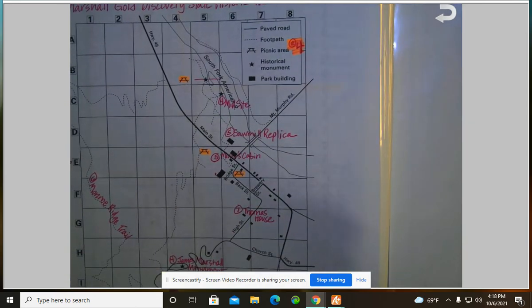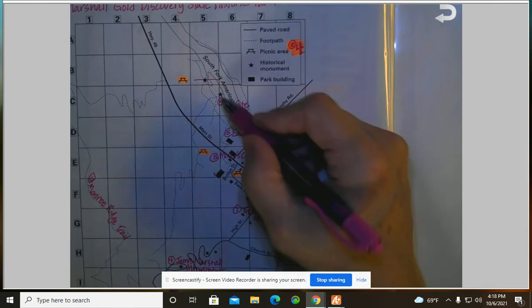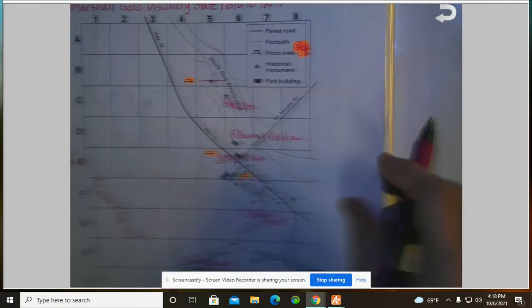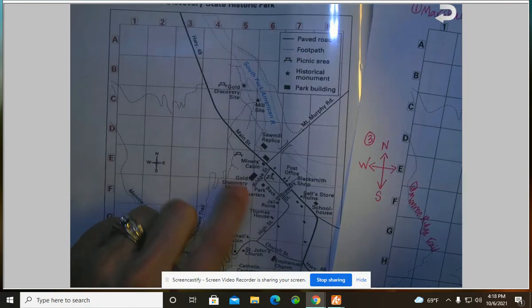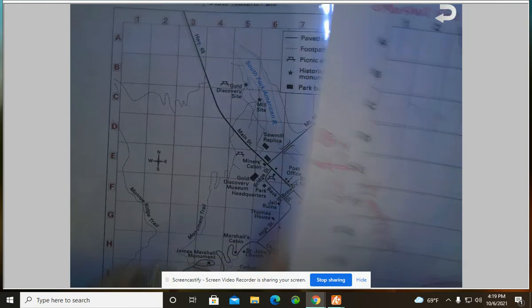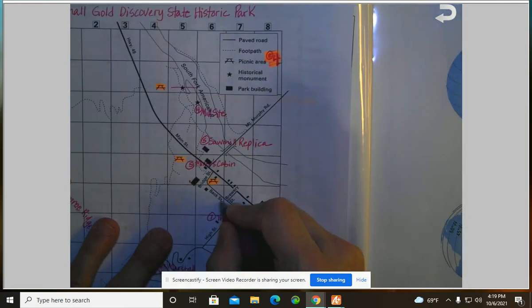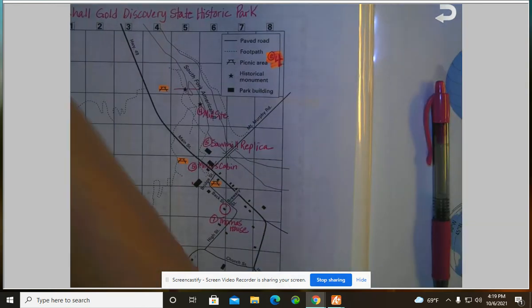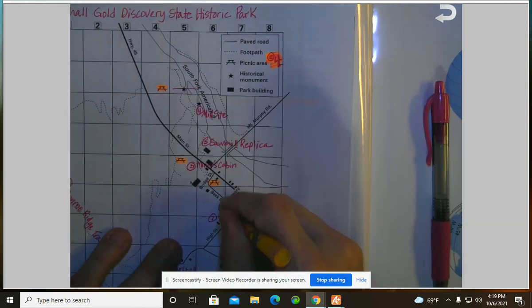Number 8, trace 2 routes, each in a different color, from the mill site to the jail ruins. So we need to find where the jail ruins are. So it's the building right next to Back Street. So that would be this building right here. So we can put this in yellow.